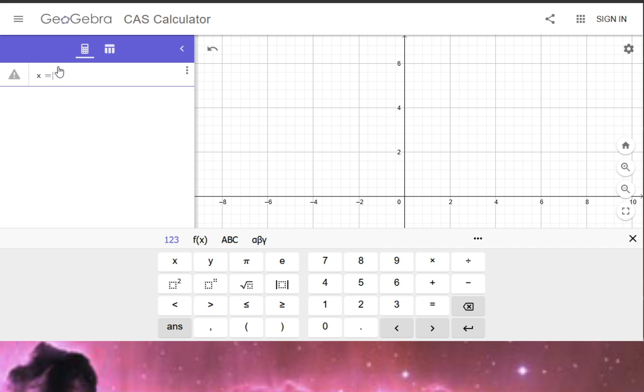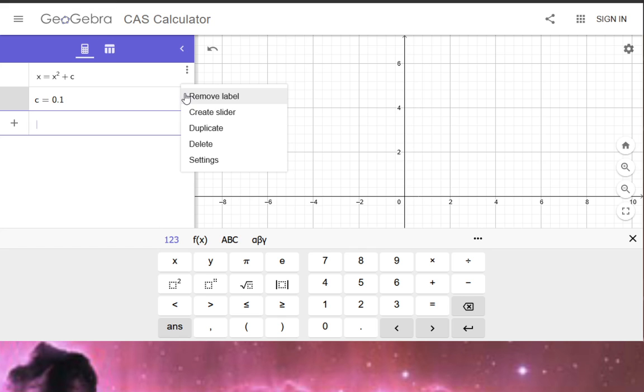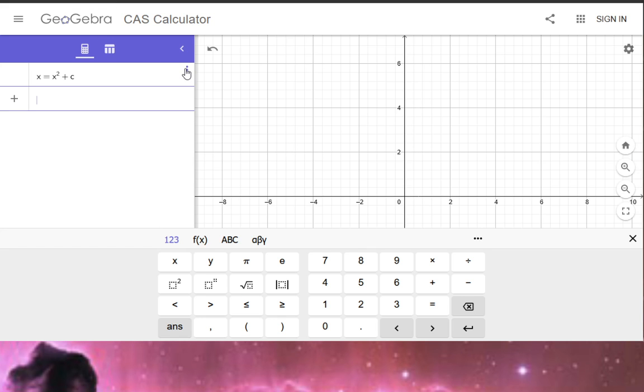X equals x squared plus c. C equals 0.1. Am I doing this backwards? C equals 0.1. X equals... Wait, let me try something.